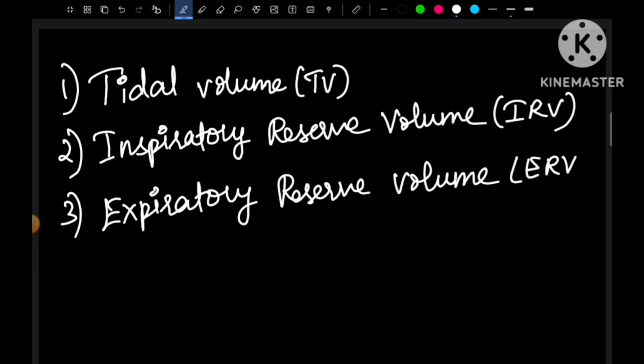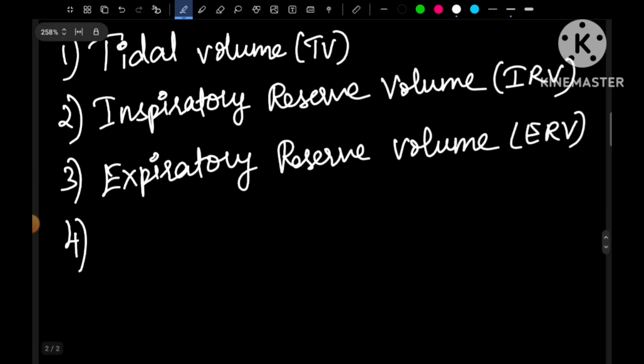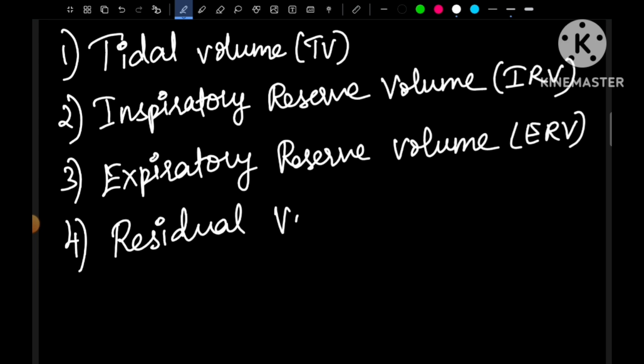I'll just say what these volumes are orally instead of writing, so that it will be easy for you to remember it. Next, what you are going to see is residual volume.